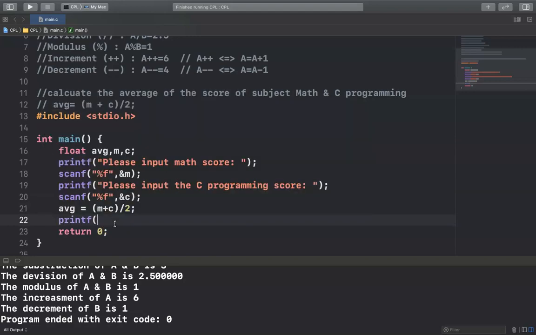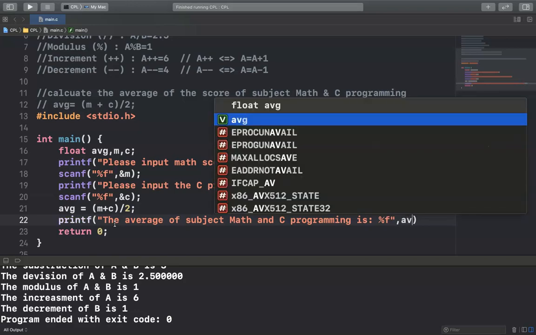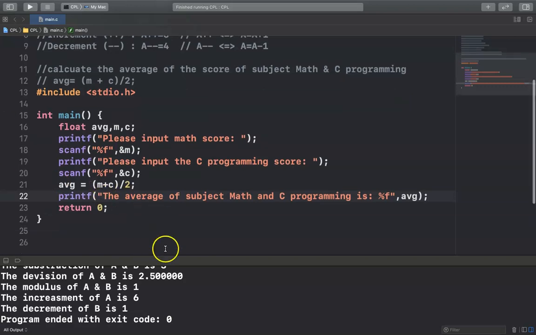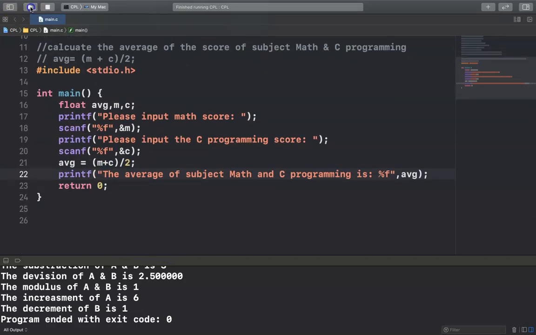Print the average of subject math and C programming is percentage F, AVG, because AVG is the average. Let me run it.